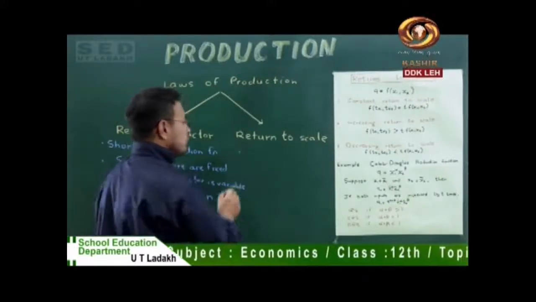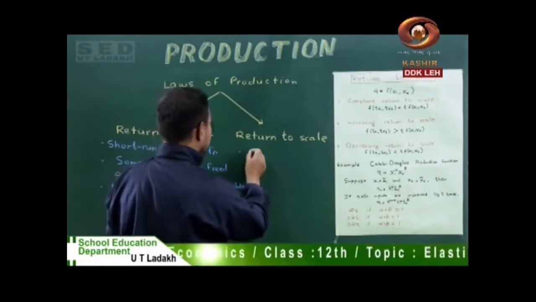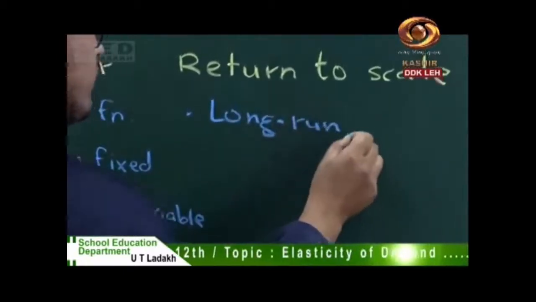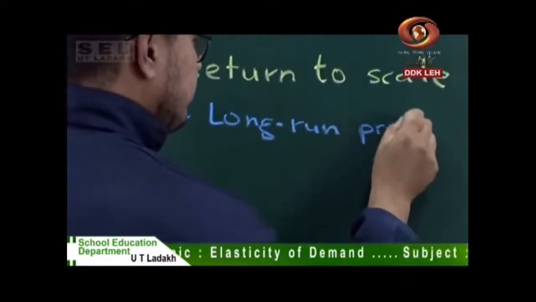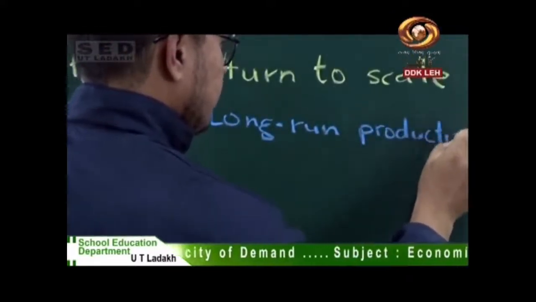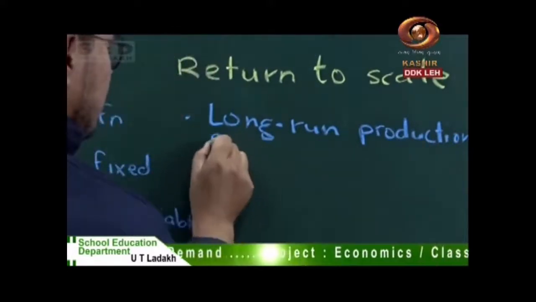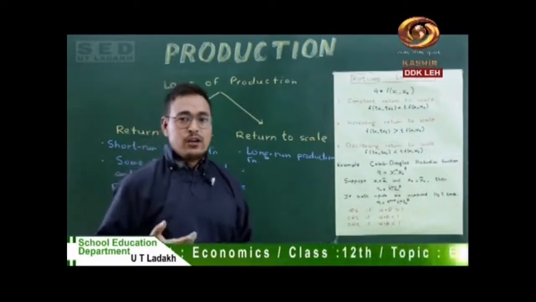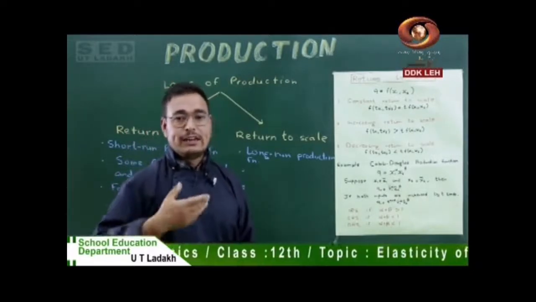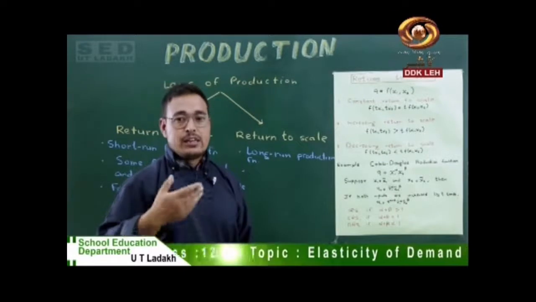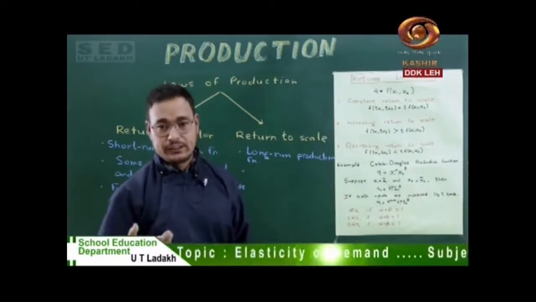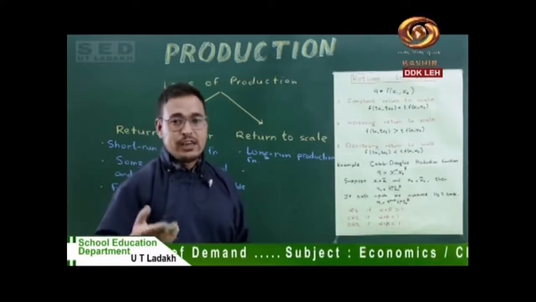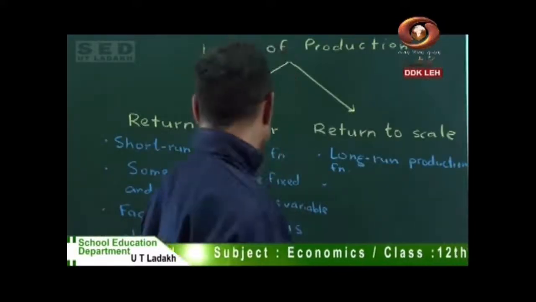Now, return to scale will be applicable to the long run production function. In the long run, a particular producer can increase or decrease the size or quantity of all factors. That means both labor and capital or any other factors can be changed easily.